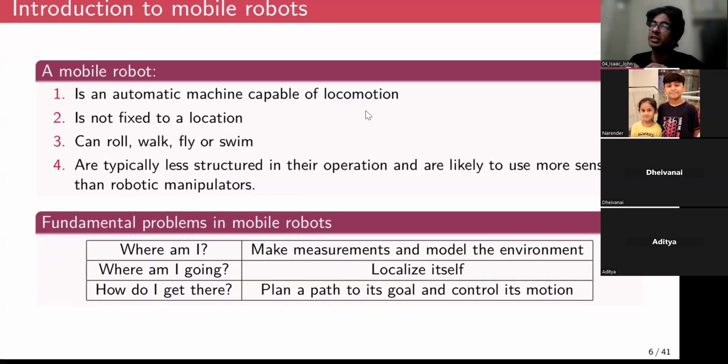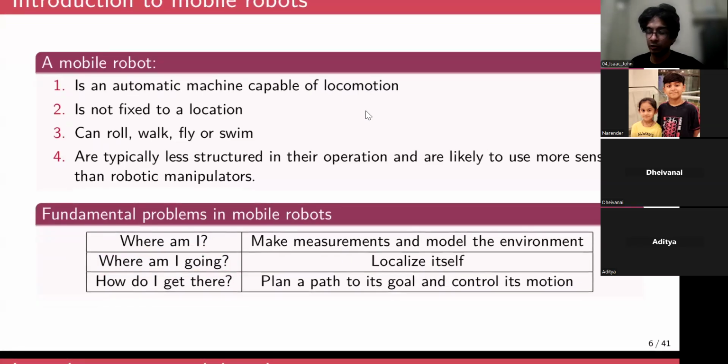Once it has a finite map, the next thing it has to do is see where it is going. Since it has already addressed where am I, we can assume that it already has a map, whether it was given to it or it made the map on its own. The next question to address is where am I going?